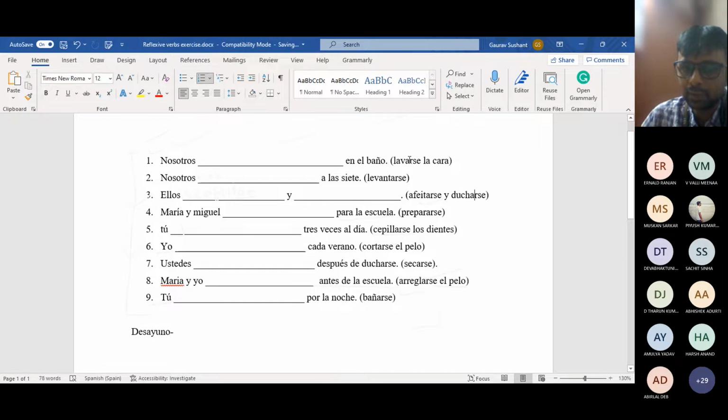They are all reflexive verbs. Some new verbs are there, so don't get frightened that you will not be able to do it. Just apply the concept and do it. Please do it.